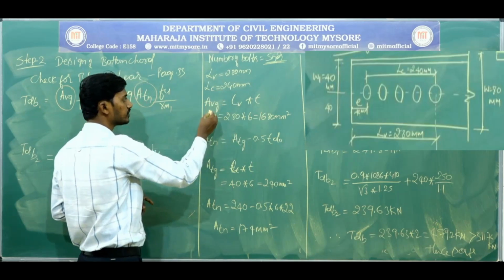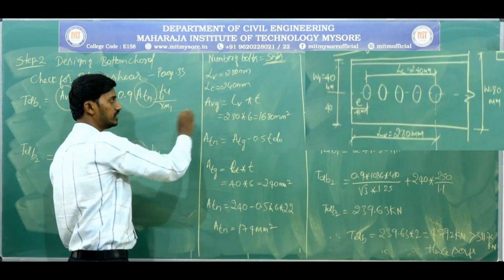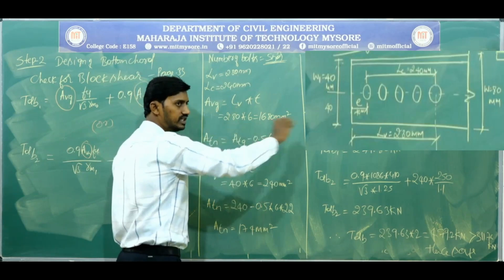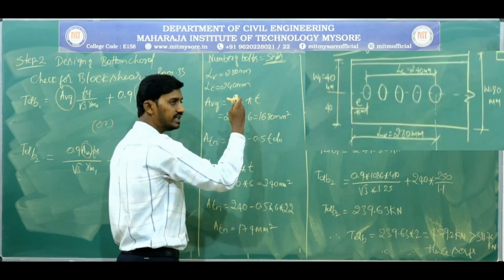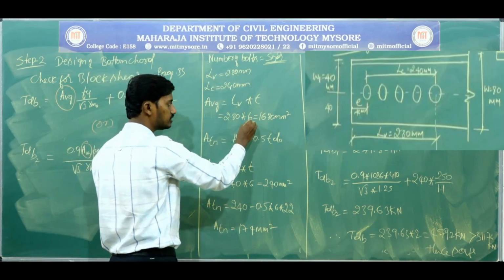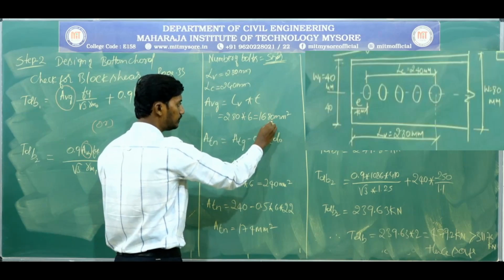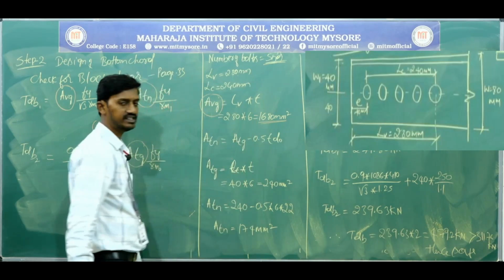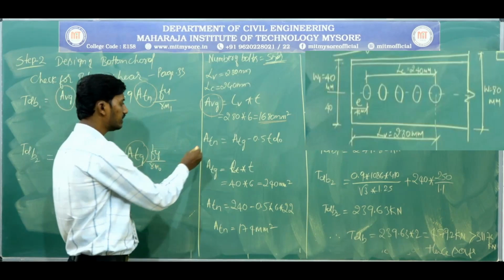So AVG is nothing but the shear plane's gross area, which is length of the shear plane multiplied by thickness. So LV is 280 multiplied by the thickness of the plate, 6. If you multiply this, you will get AVG as 1680 millimeter square.